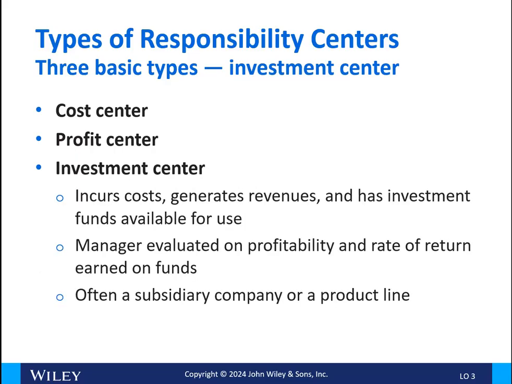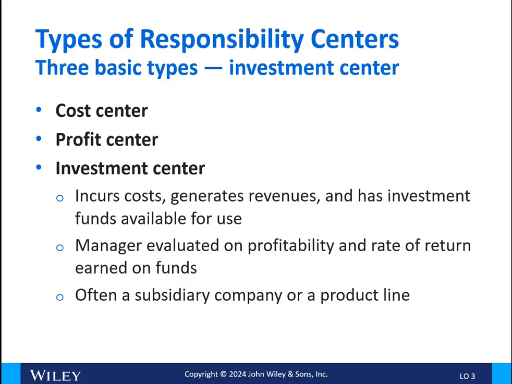Then an investment center incurs costs, generates revenues, and has investment funds available for use. A manager is evaluated on profitability and the rate of return on invested funds, and often it's a subsidiary company or a product line. So it may be a group of factories that are grouped together, a subsidiary of a bigger company.